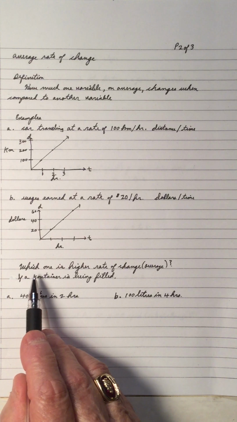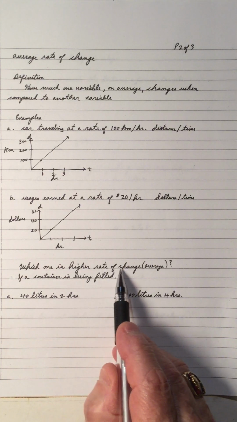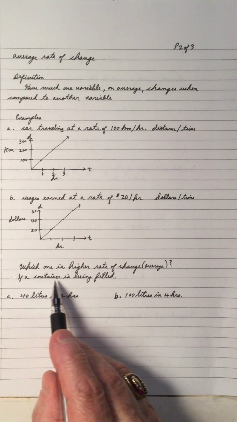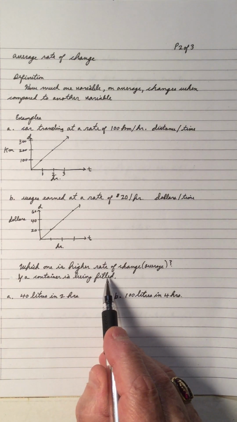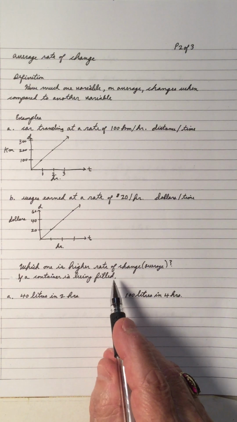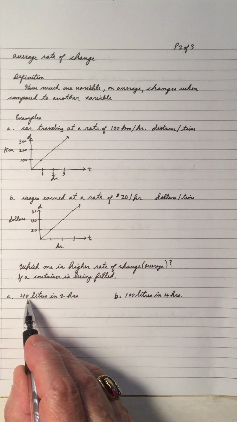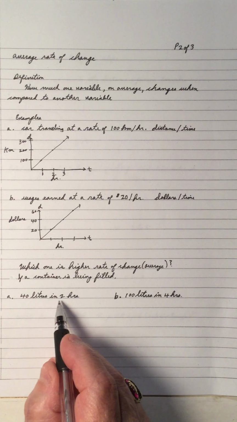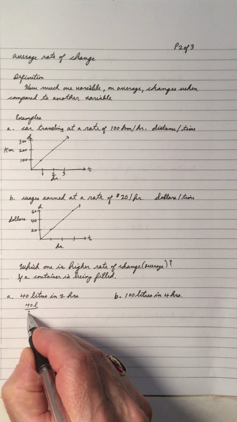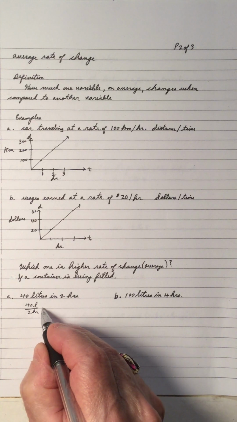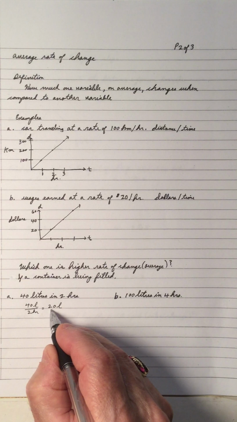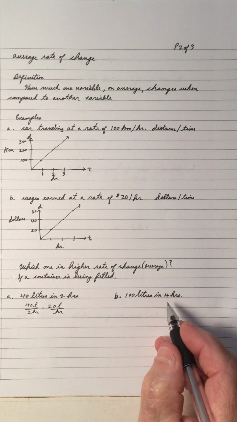Now let's continue. Which one is the higher rate of change? This is the average rate of change. If a container is being filled with sand or water, it doesn't make any difference. A, if you fill it at a rate of 40 liters in 2 hours, and reduce it, that's 20 liters per hour.